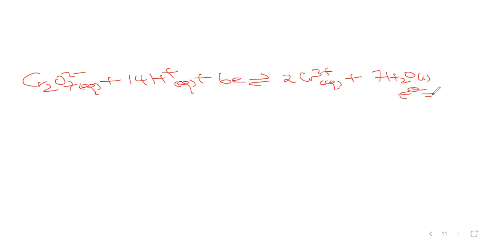I know you know how to balance these equations. Plus 6 electrons. This reaction gives us 2 chromium 3 ions plus 7 waters. The electrode potential for this reaction is positive 1.33.